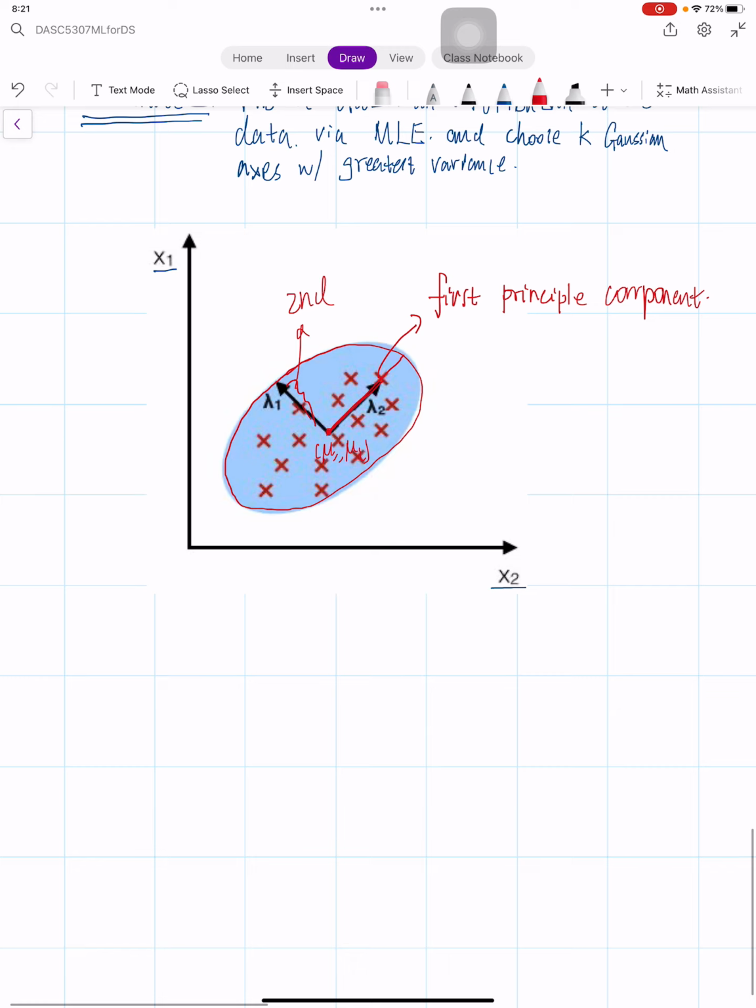Therefore, the first method to find the principal component is the PCA algorithm. You center the x.